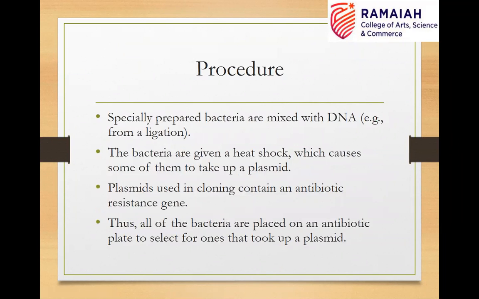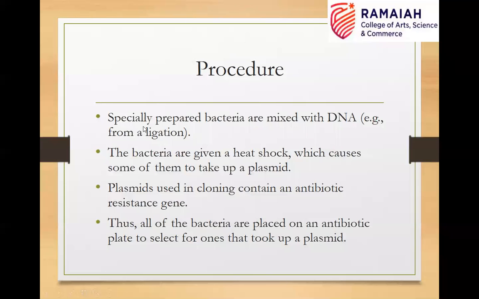Looking at the procedure of transformation, first the cells need to be prepared, then they are mixed with DNA. Here, cells need to be prepared in the sense that they have to be made competent, which could be by chemical treatment or the electroporation method. You have to make the cells ready for the uptake of external DNA.